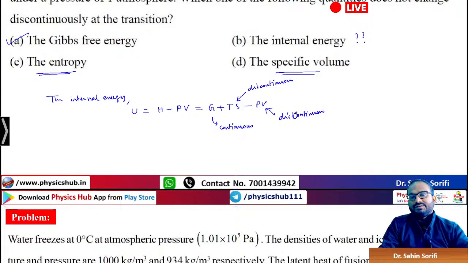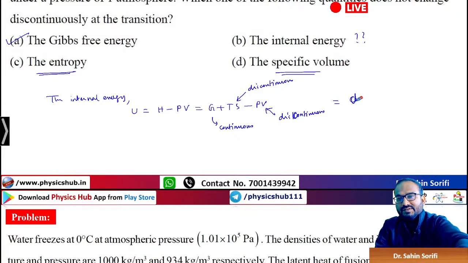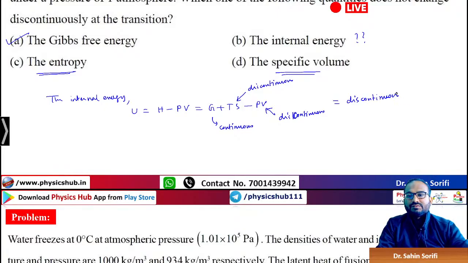If some discontinuity is added, the overall function will be discontinuous, right? Because to make it continuous, everything must be continuous. If something is rough, you can say, oh, the overall thing is rough. U is also discontinuous. Okay? Mathematically.